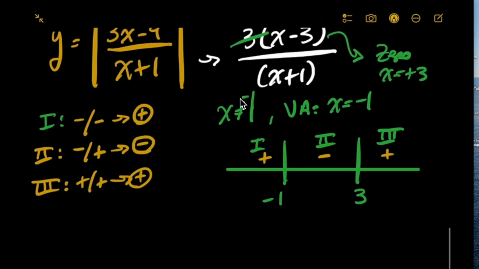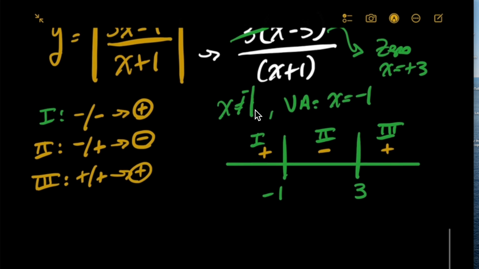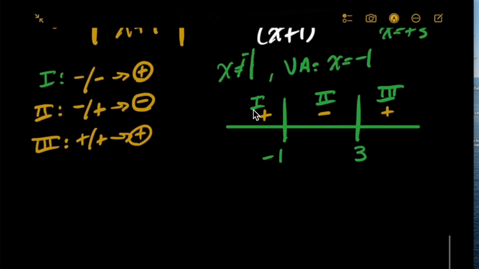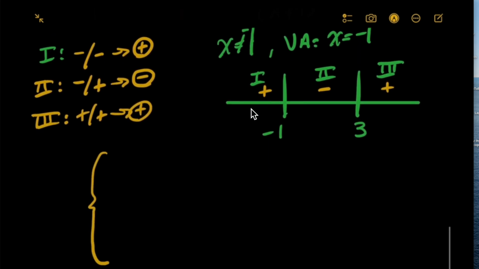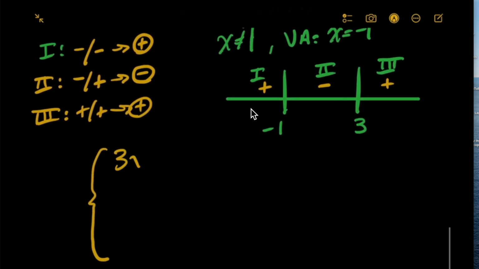Now, we have to be careful about this restriction where x cannot equal -1. So as we build our piecewise function, we're going to leave the function exactly as is in the regions where we have a positive value. So that's going to be zones 1 and zone 3.